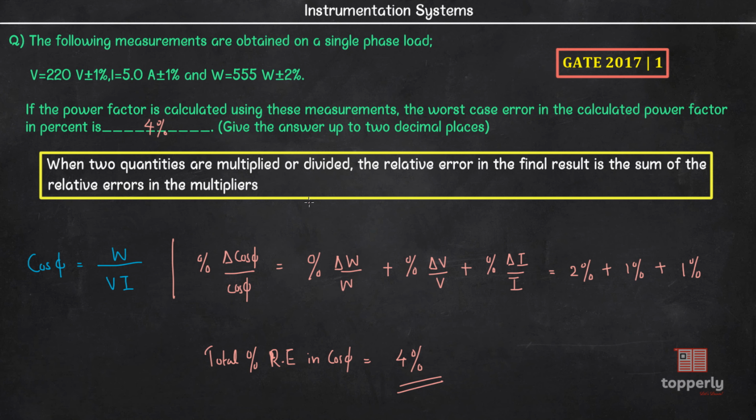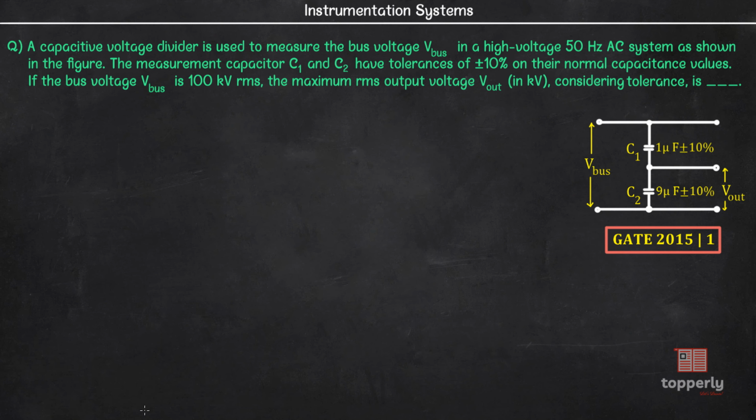Now the next question is, a capacitive voltage divider is used to measure the bus voltage V bus in a high voltage 50 Hz AC system as shown in the figure. The measurement capacitors C1 and C2 have tolerances of plus or minus 10% on their nominal capacitance values, and C1 is equal to 1 microfarad and C2 is equal to 9 microfarad.